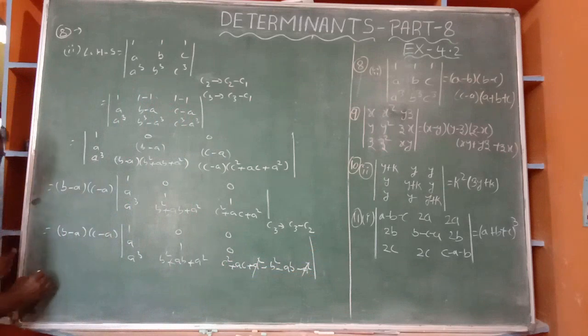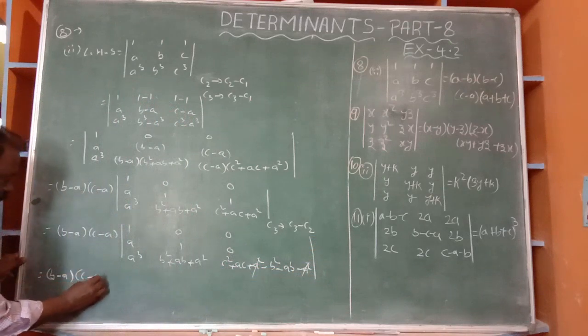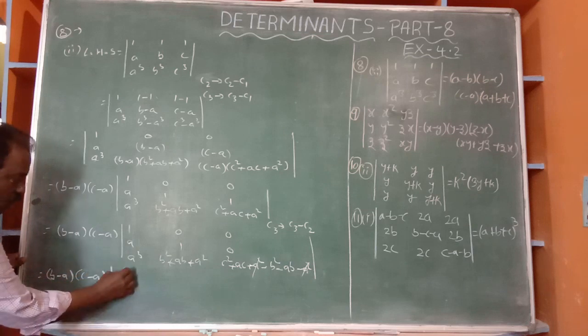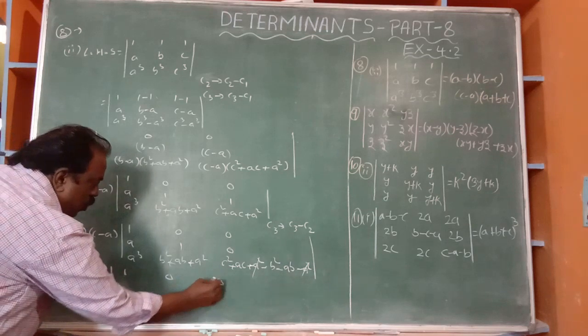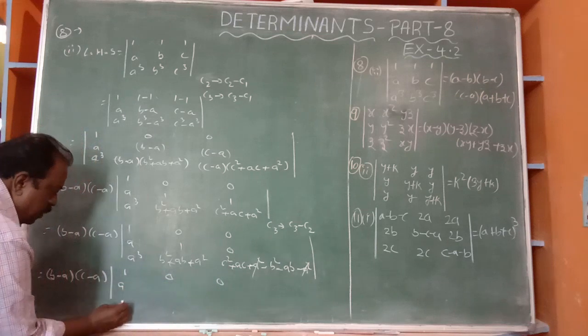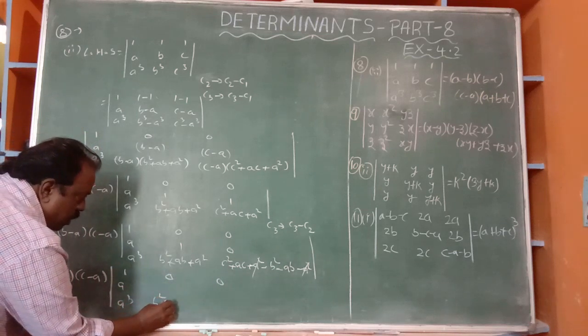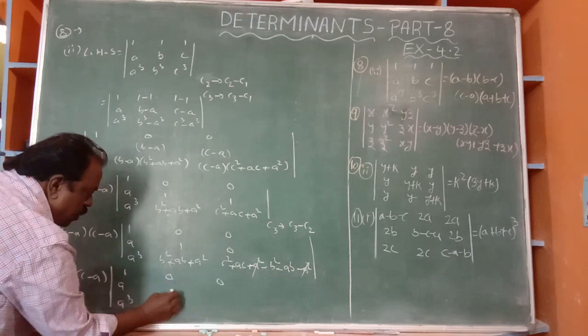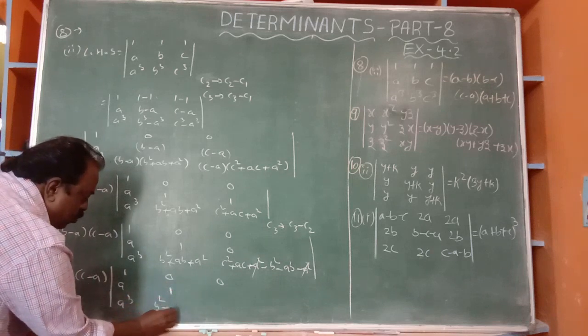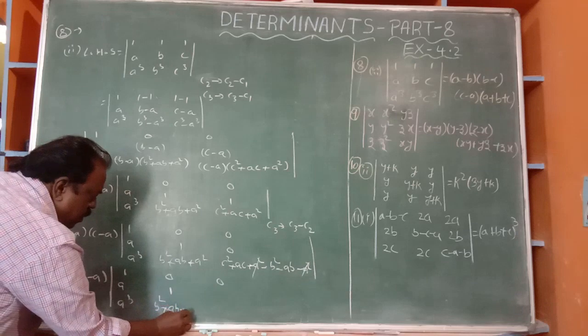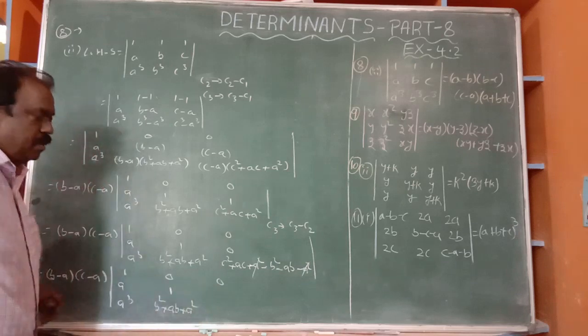Directly I will solve it. It is (B minus A)(C minus A) times 1, 0, 0, A cube, 1, B square plus AB plus A square.